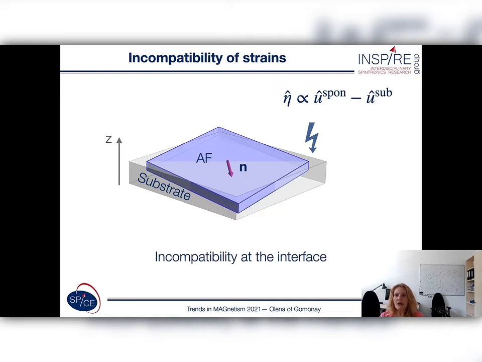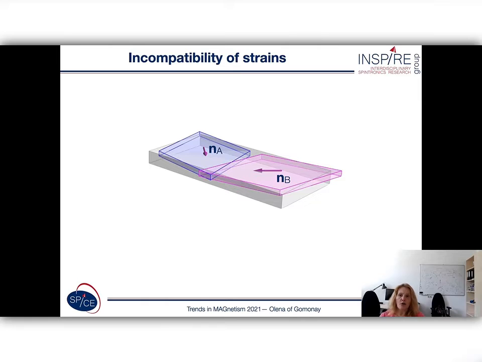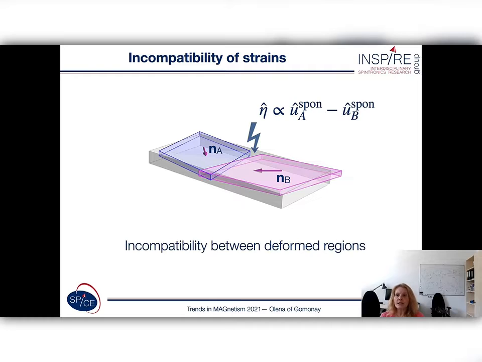Another example of incompatibility is given by two domains of a magnetic material with different deformations. At the interface between these two domains, the difference in strains can also induce incompatibility.